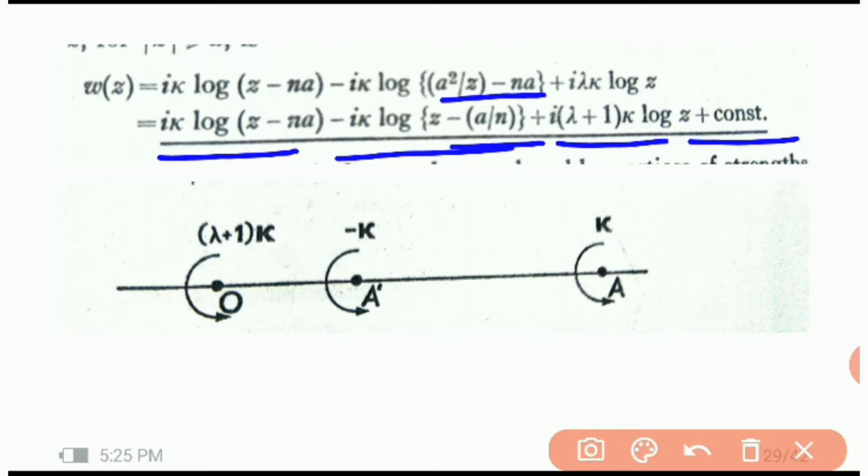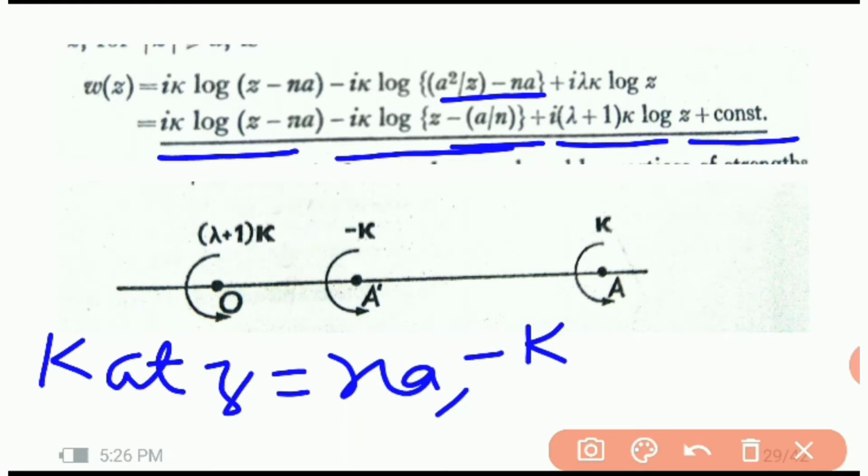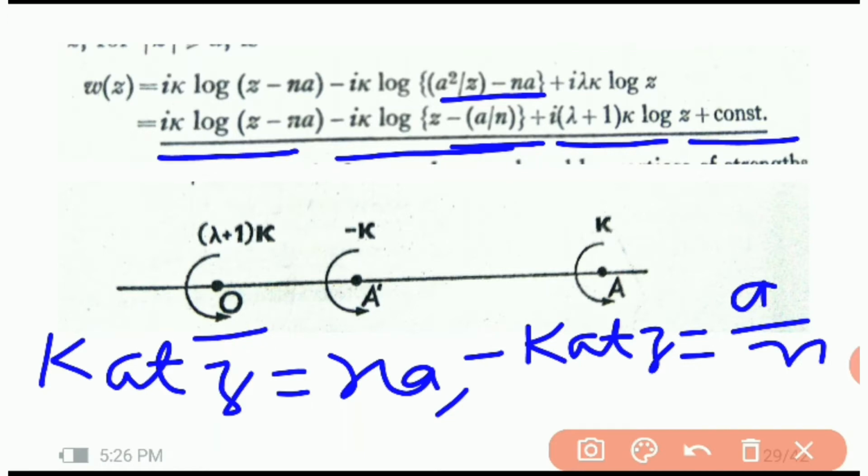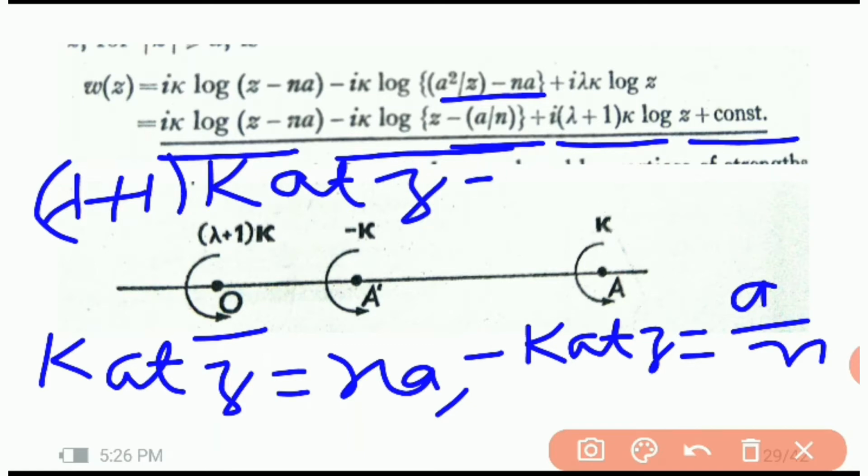Thus the motion is equivalent to that produced by vortices of strength k at z = n, and minus k at z = a²/n, and (λ + 1)k at z = 0.